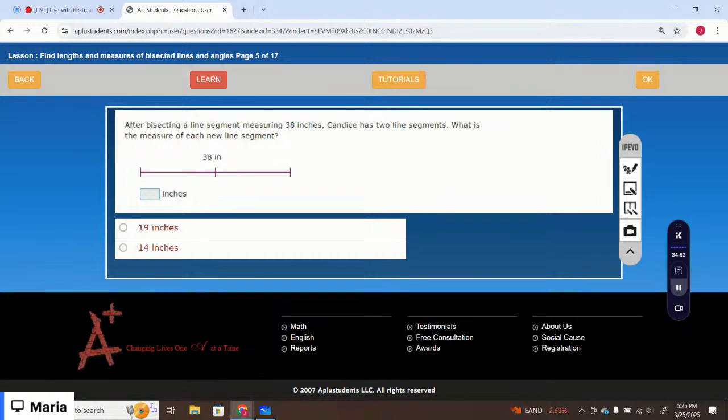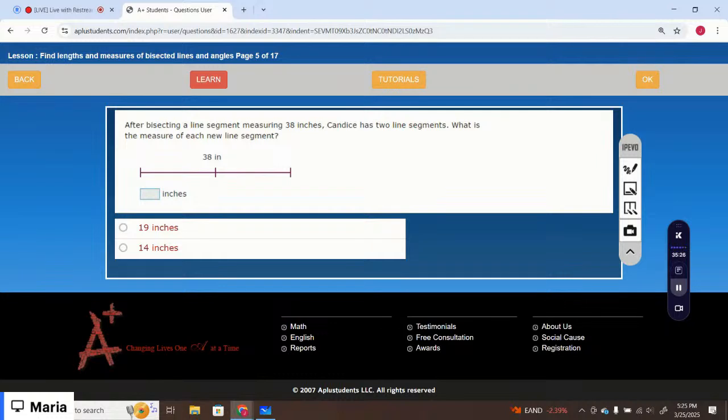After bisecting a line segment measuring 38 inches, Candice has two line segments.